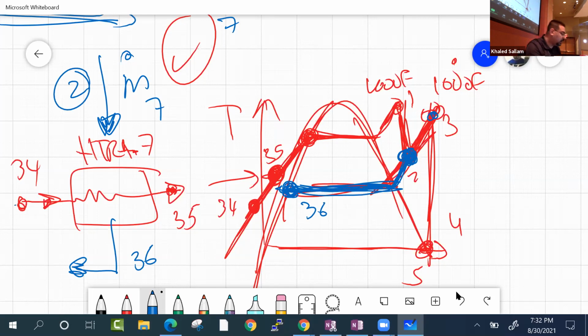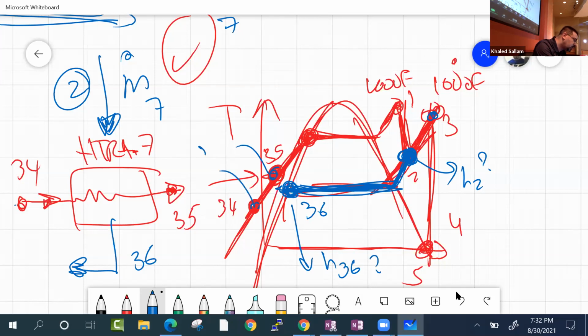Right? And what is this H2? And what is this H36? And what is this H35 and what is this H34? Where do I get all those H's? The drawing, yes. The drawing tells us the H's of those 4 cases.